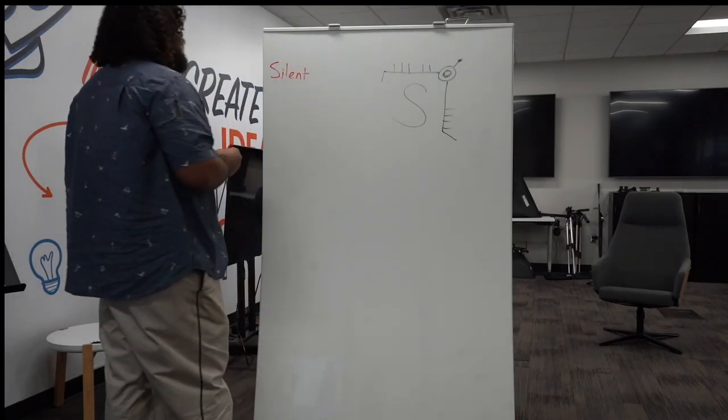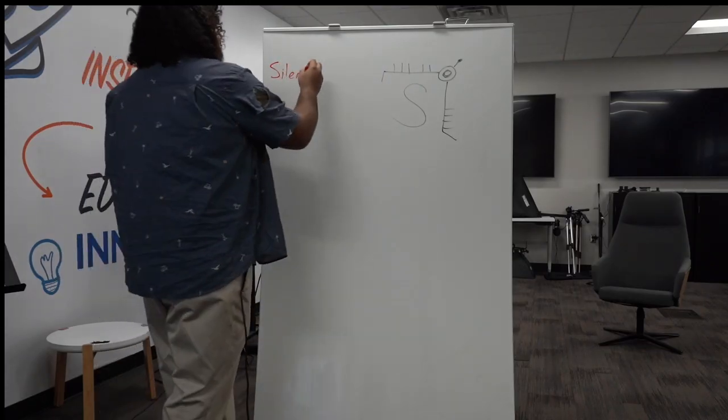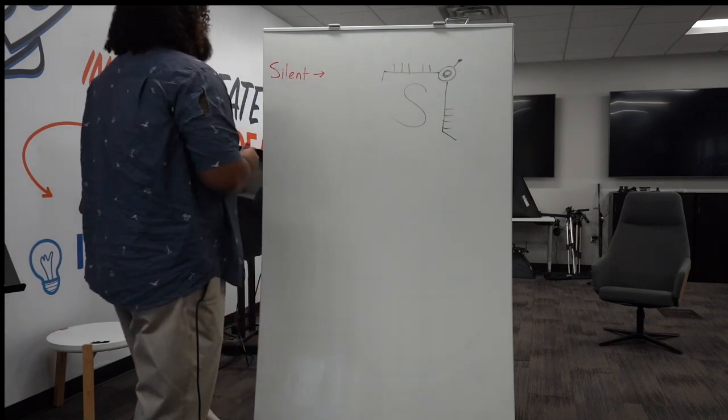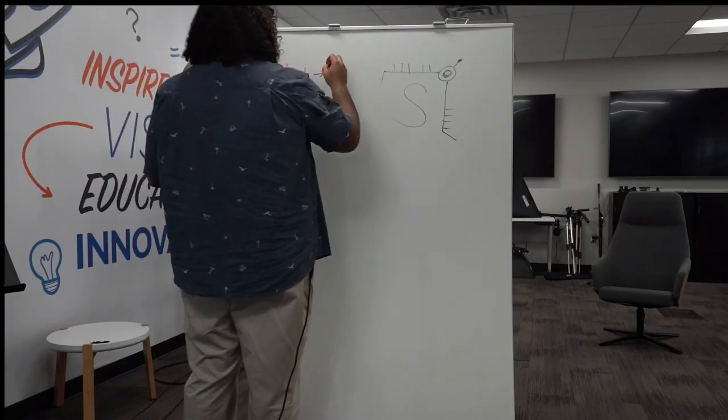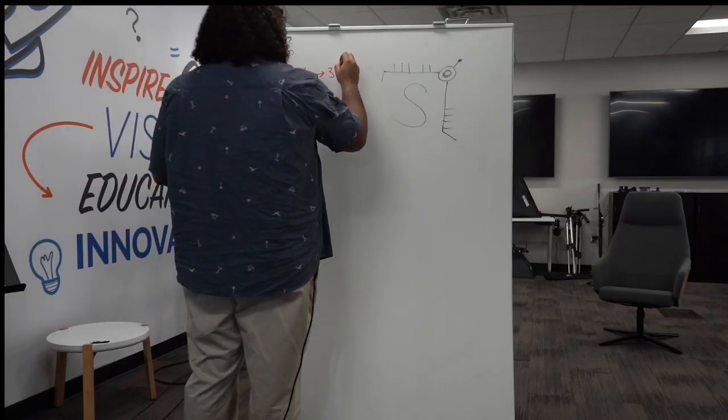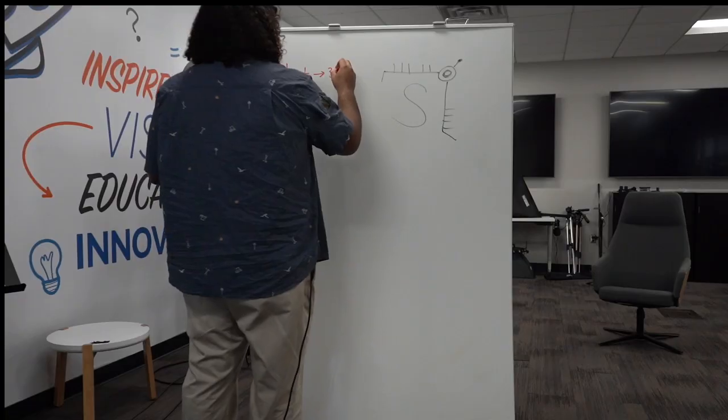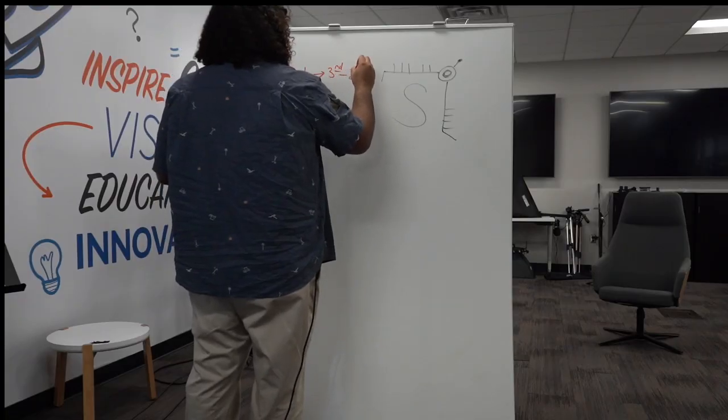The silent interval. And the silent interval is going to be between the silent orientation, which is the third characteristic, and the self-interaction, which is the second characteristic.